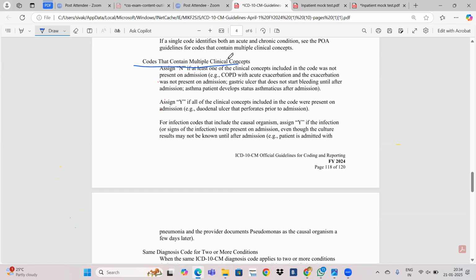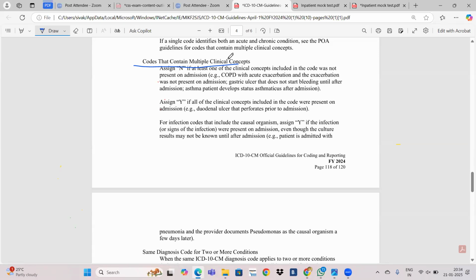Assign N if at least one of the clinical concepts included in the code was not present on admission. Read these examples, please note them down. They will ask on these guidelines only.